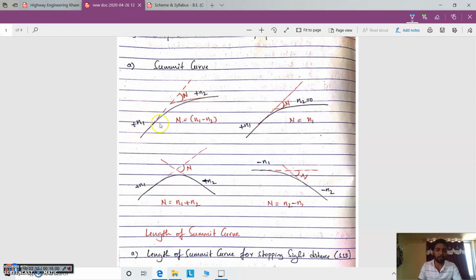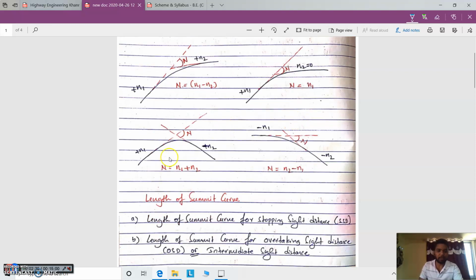That means the curve is rising and rising on the particular alignment. In that case, the deviation angle is the difference between the two gradients. Here n2 is considered 0 because on a rising gradient the curve is moving with a plane. Similarly, here the deviation angle is n1 plus n2. This is plus n1 and this is minus n2. Minus into minus will be plus, so n1 plus n2.